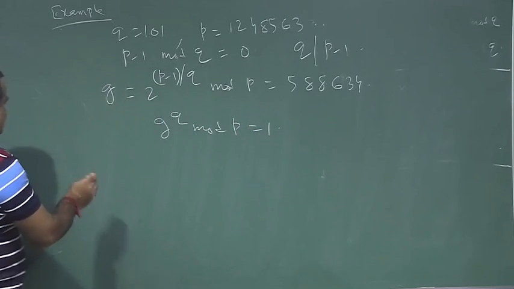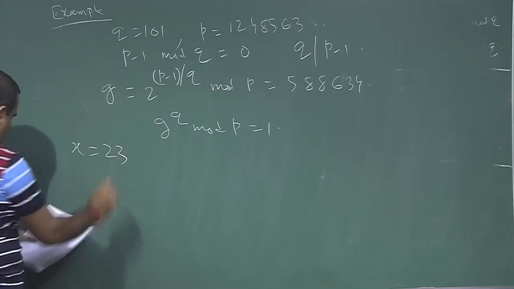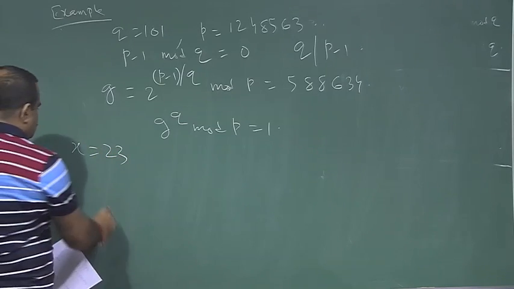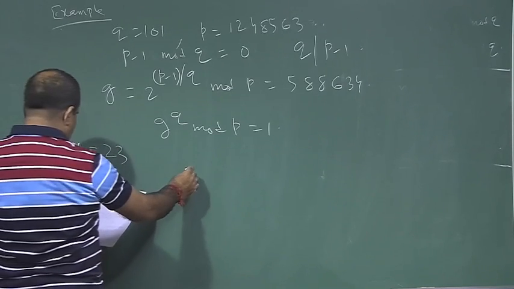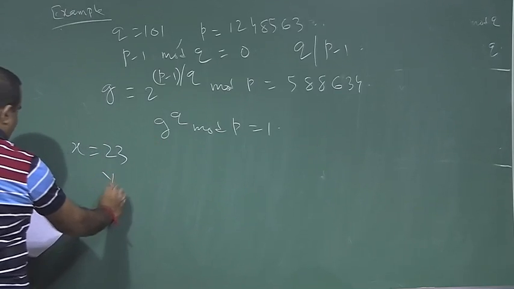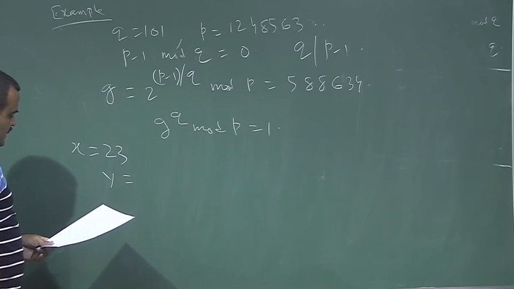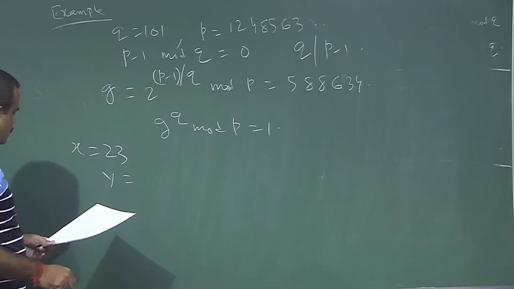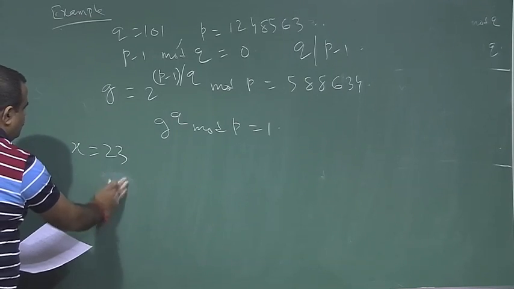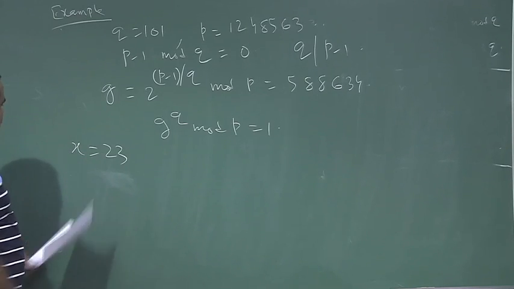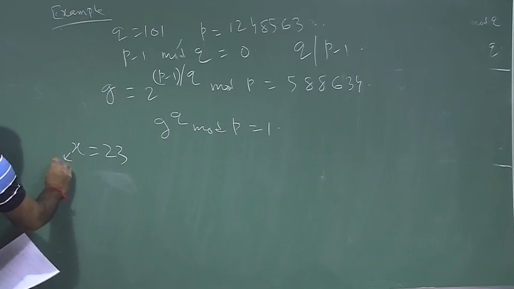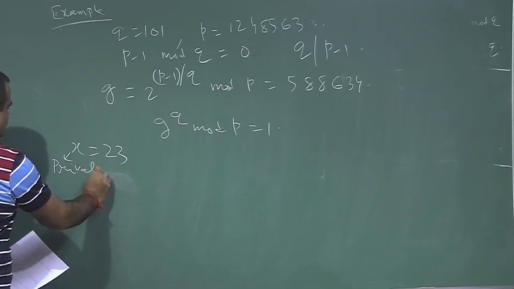Now, suppose Alice has to send a message, say 23. No, this 23 is not the message, 23 is the Alice secret key, the private key of the signer.